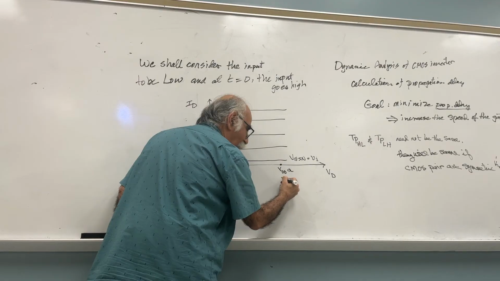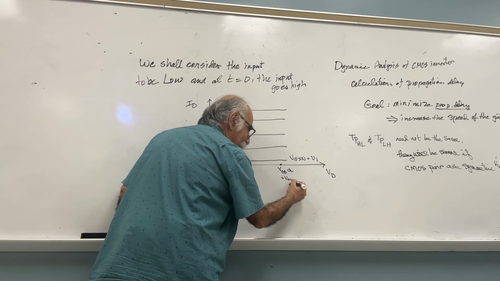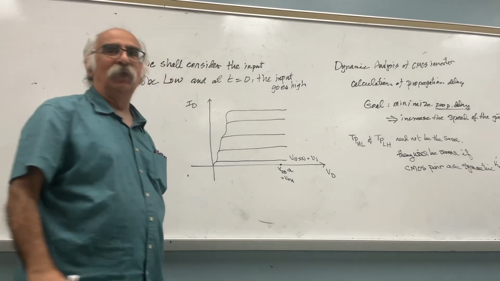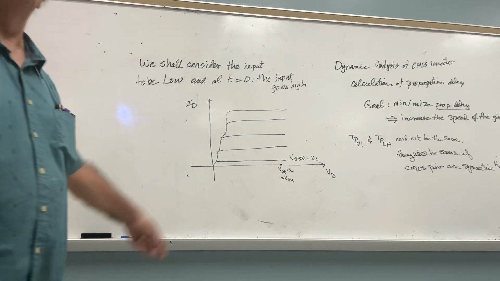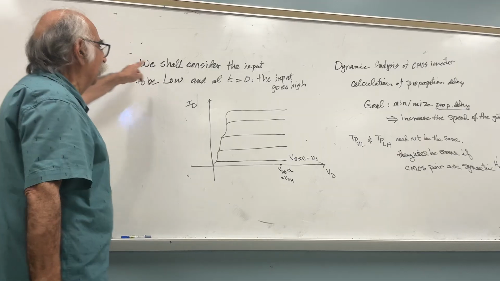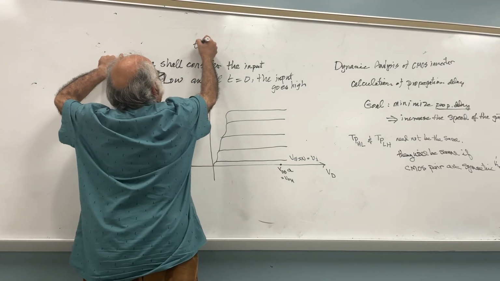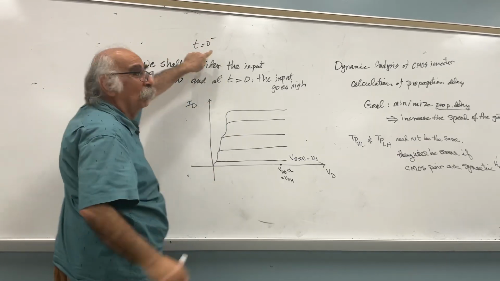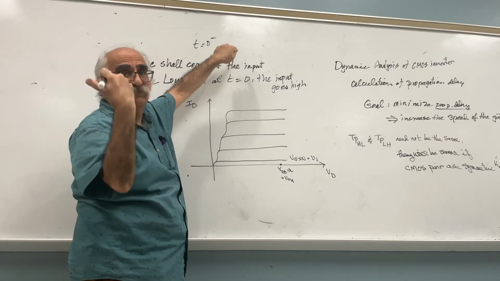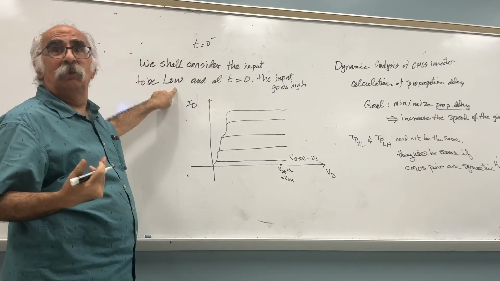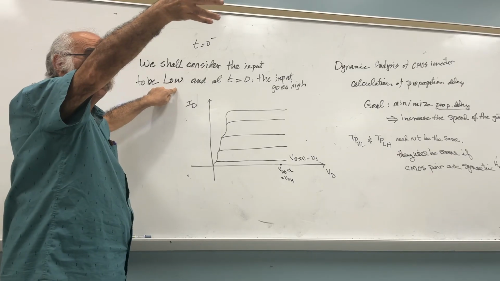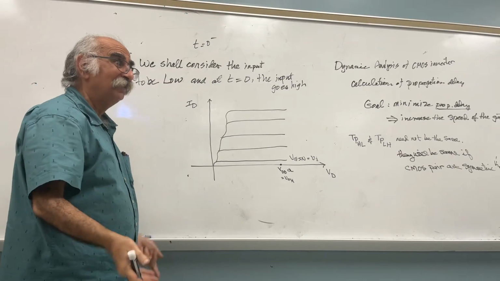VDD, which is VOH. Why? One more time, what am I assuming at t equal to 0 minus? 0 minus means just before t equal to 0. What was the input? High. It's an inverter, so what is the output?